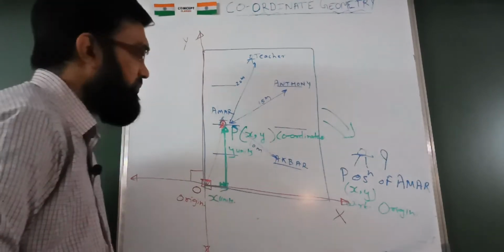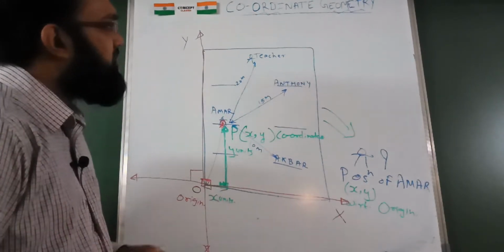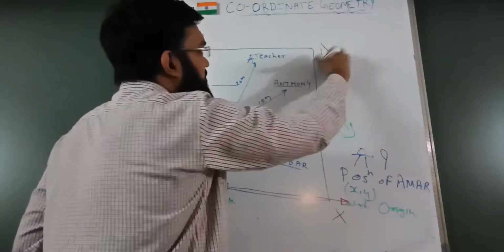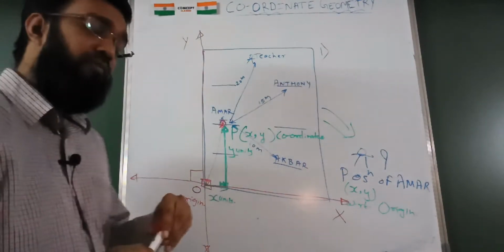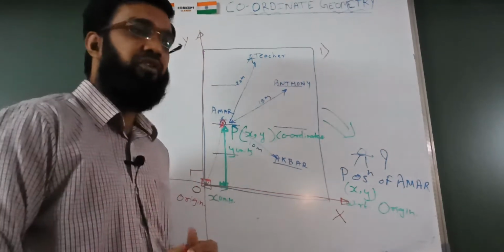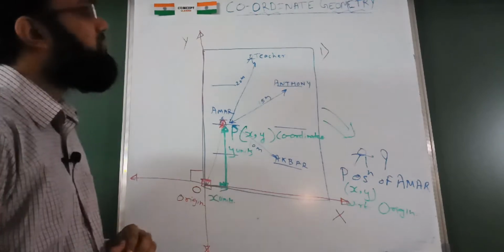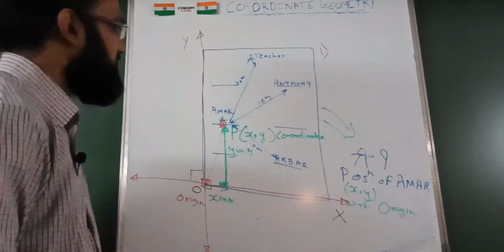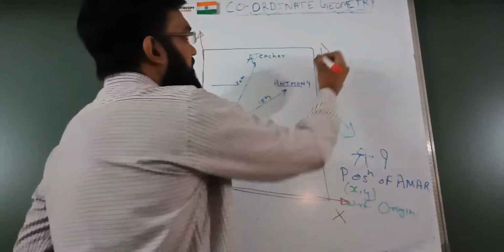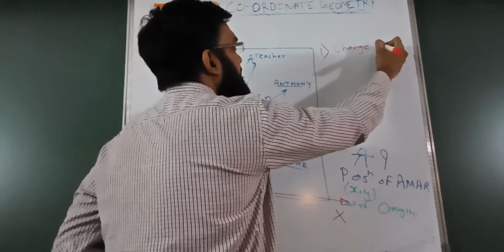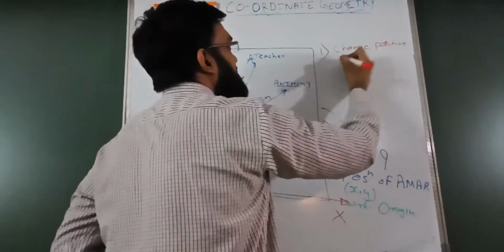Now comes the question. I want to ask you maybe some questions. What if, my first question, you can give your responses in the comment section. Just think about it, simple questions, and just try to give the responses in the comment section, please. What if I change the position of the coordinate axis?